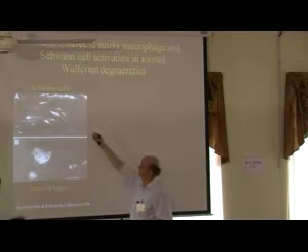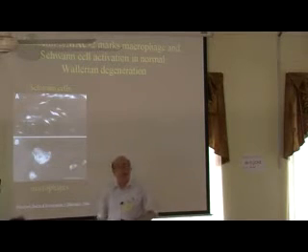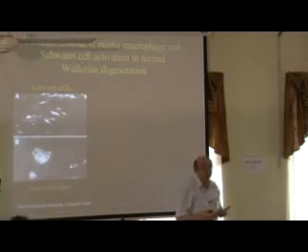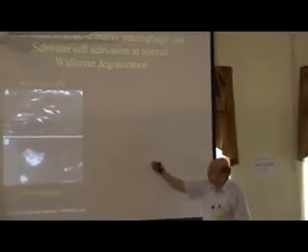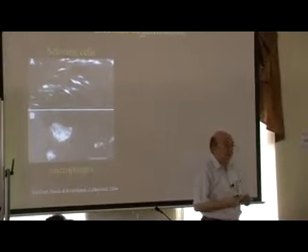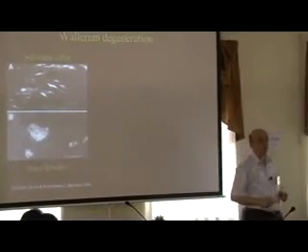And here we can see Schwann cells and macrophages isolated from such a peripheral nerve that undergoes Wallerian degeneration. And by immunocytochemistry, we demonstrate here, for example, the expression of galectin-3.